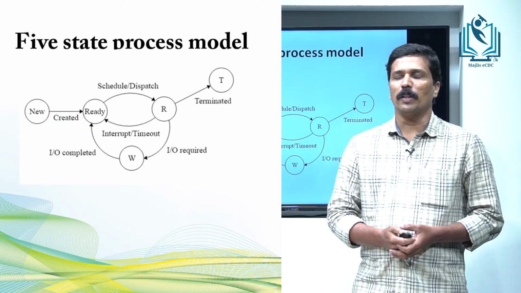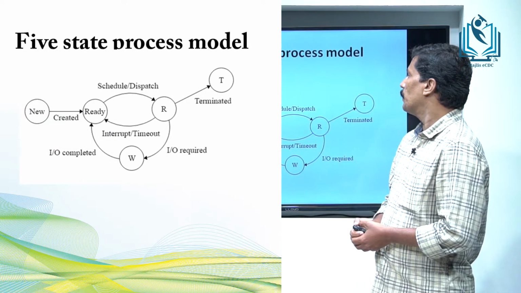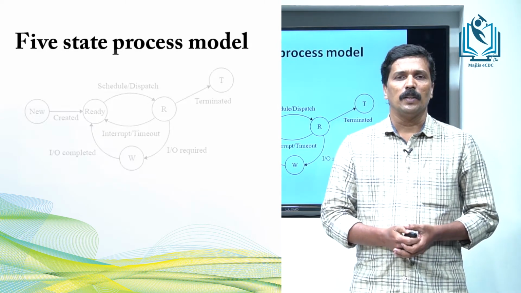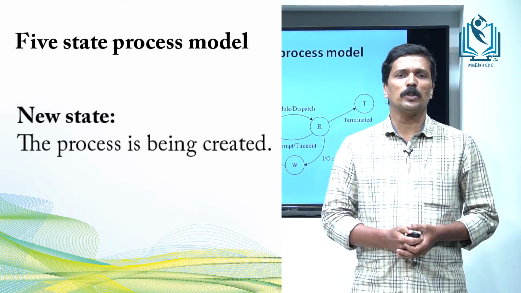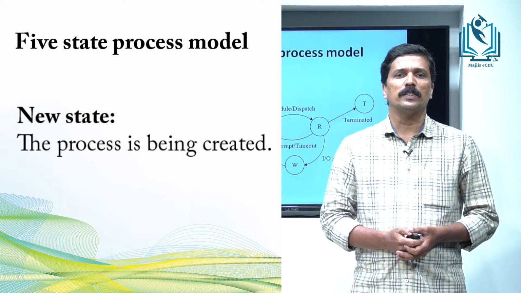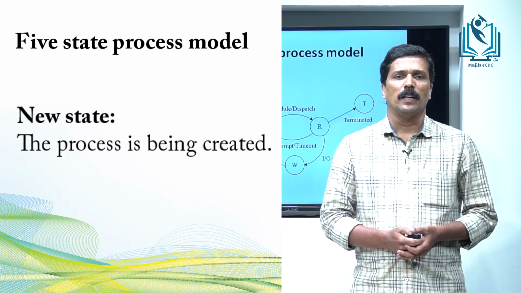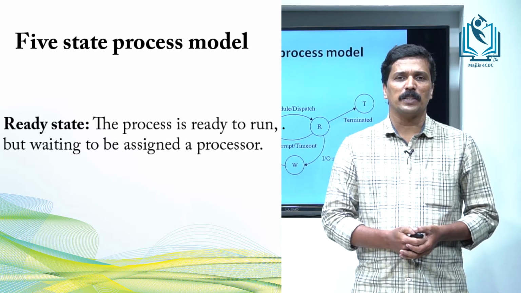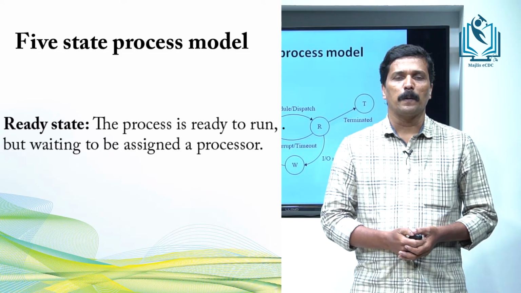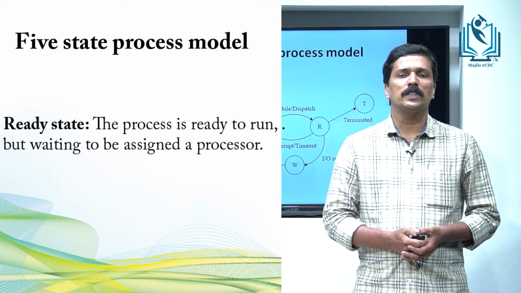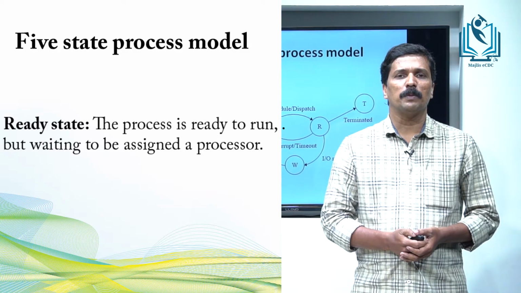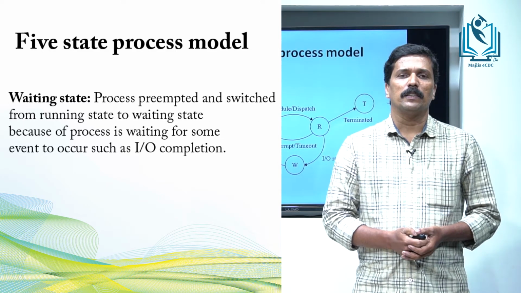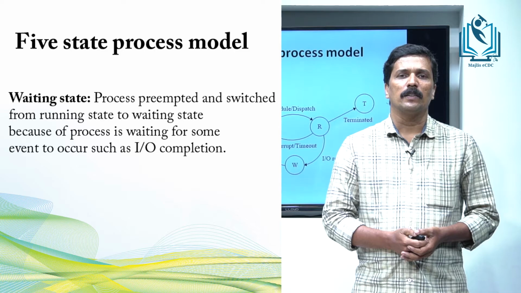In the five-state process model, we have five states: new, ready, running, termination and waiting. New means when a new process is created, it is known as the new state of a process, and when the newly created process is ready for execution, it moves to the ready queue. Then the operating system moves the process from the ready queue into running state, and after the execution, the process terminates normally.